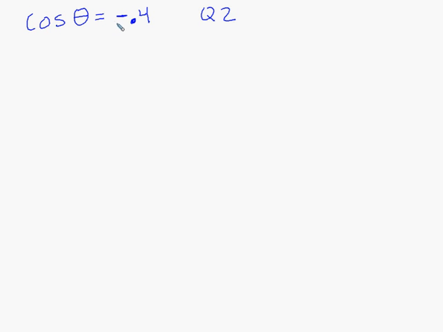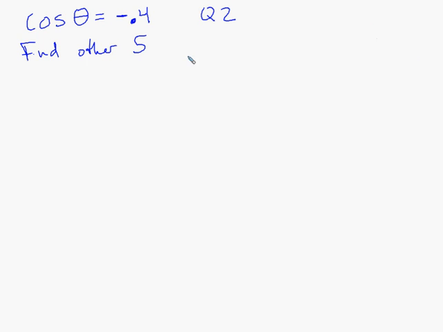Well, cosine's negative in 2 quadrants, right? It's negative in quadrant 2 and quadrant 3. And yes, it will be important that I tell you this because sine could be positive or negative. So since we're in quadrant 2, we know that sine's positive, which also tells us that tangent is going to be negative. And we're going to find the other 5.